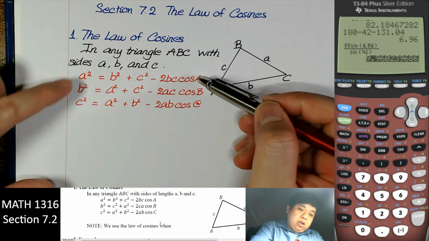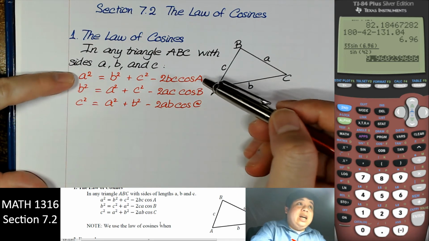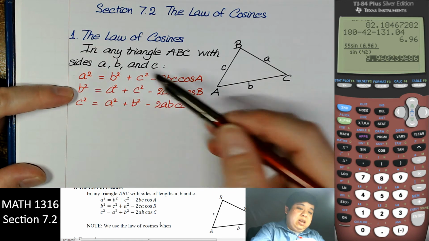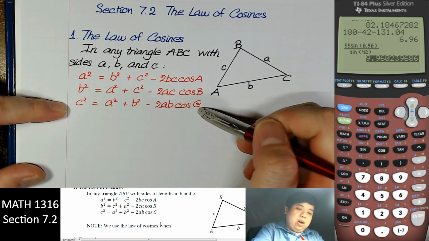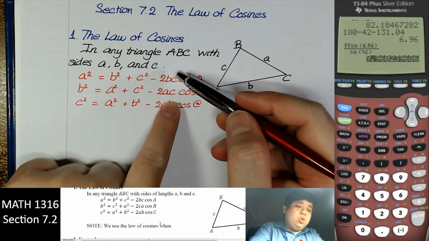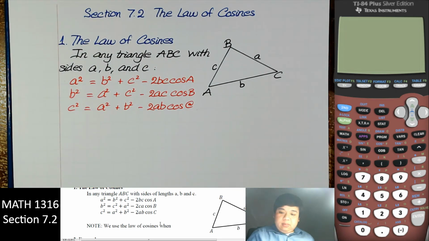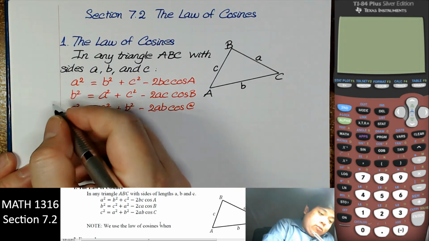The angle though is always the same. If we have A square equal to, we end up with cosine A. B square, cosine B. C square, cosine C. Those two letters are the same as those two letters. Right.